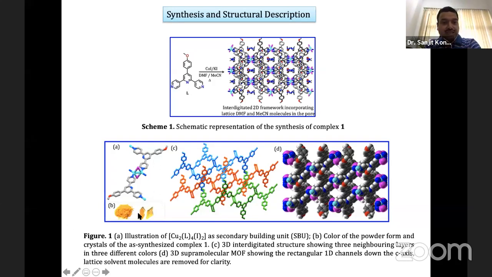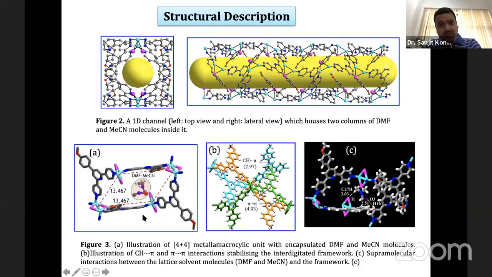So the initial color of the complex was bright yellow, as I have shown here. Now, due to these weak interactions between these two-dimensional sheets, it actually formed a three-dimensional structure having a cylindrical pore here. If you see, this is the cylindrical pore present in our molecule, and this is the cross-section of this cylinder.